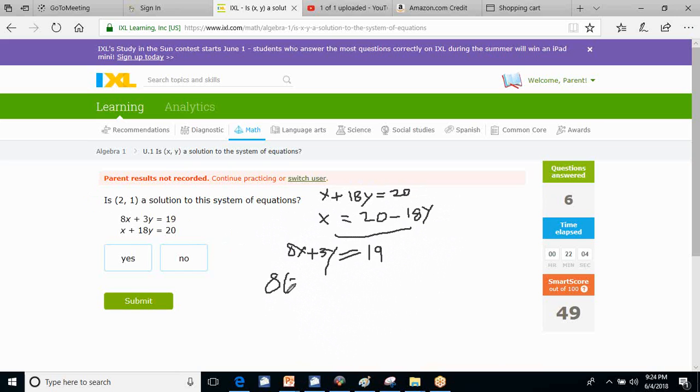So 8x, so 8 times x, which is 20 minus 18y, okay, plus 3y is equal to 19, right? So you're just rewriting the equation, putting in what you know. So you're going to remove your bracket now.